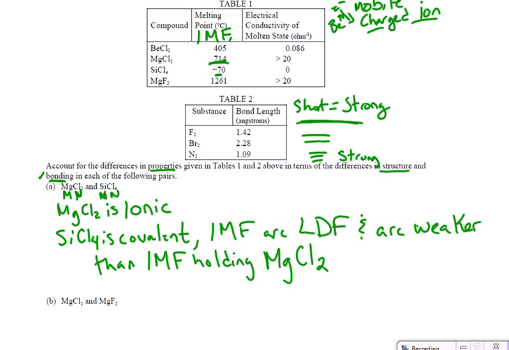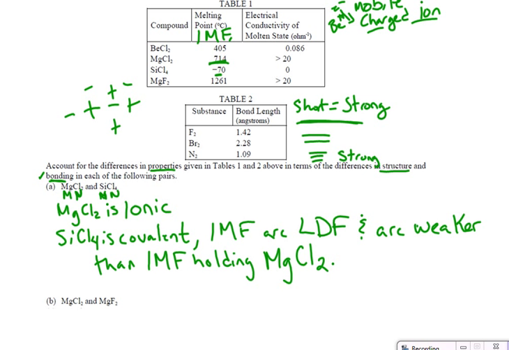All right, so now we have to talk about what's holding magnesium chloride together. Well, magnesium chloride is a lattice structure of magnesium, being positive, surrounded by chlorines, or rather anions, which are surrounded by more magnesiums, which are surrounded by chlorines.